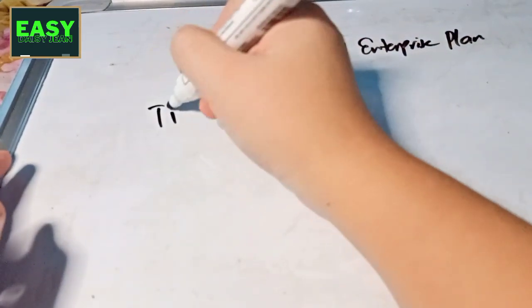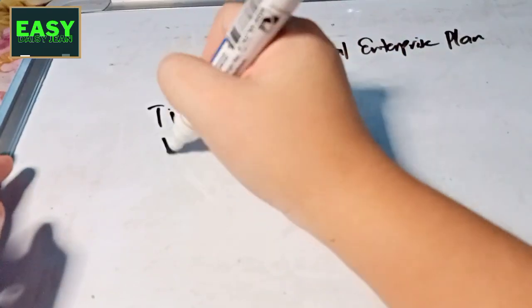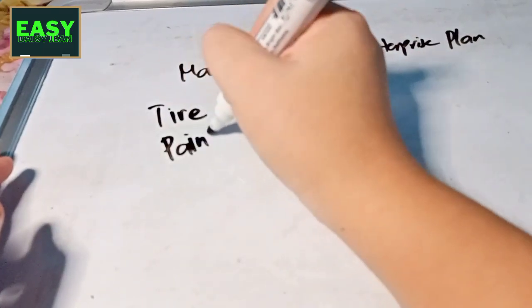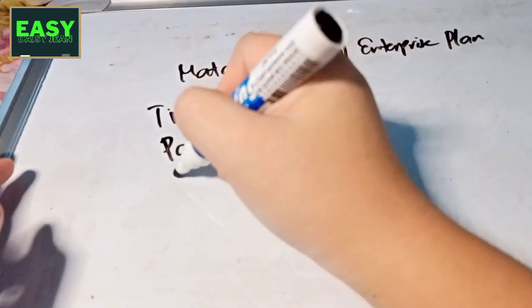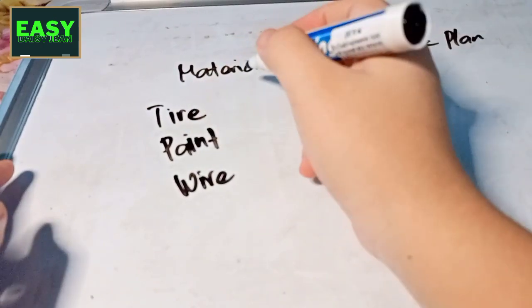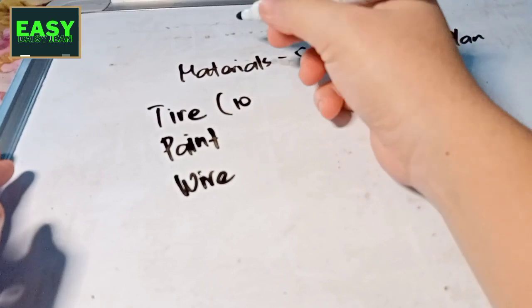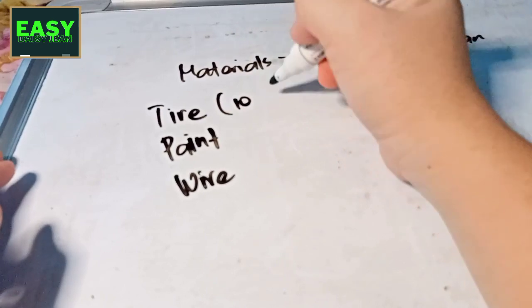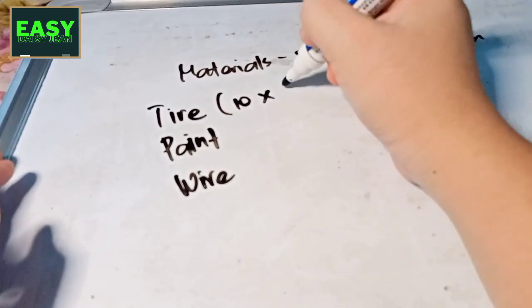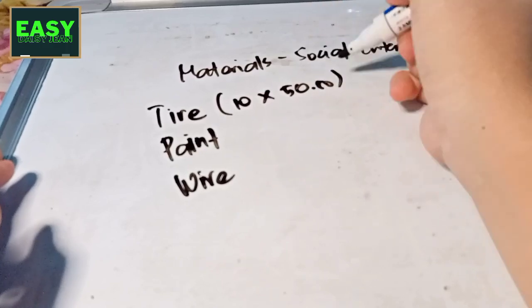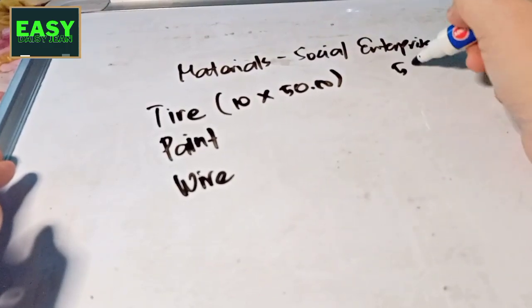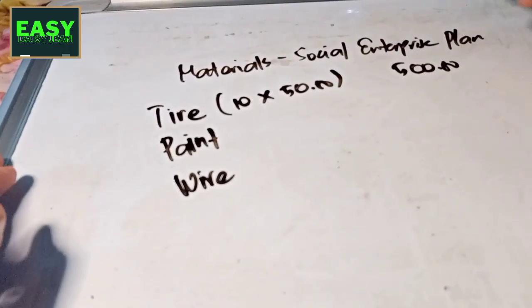Say for example, they need a tire, a paint, and a wire. Most probably they need 10 pieces of tire, and each tire costs 50 pesos. So that will be 500 pesos.